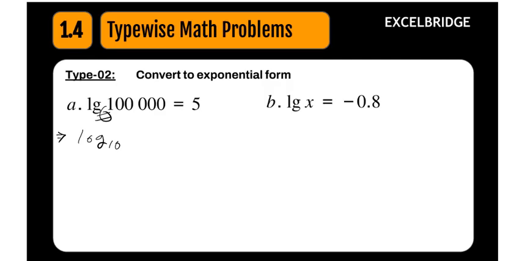We need to remember that if there is no base written after log or lg, there is already a base of 10. So this is the common logarithm, where the base is always 10, and the value is 5.